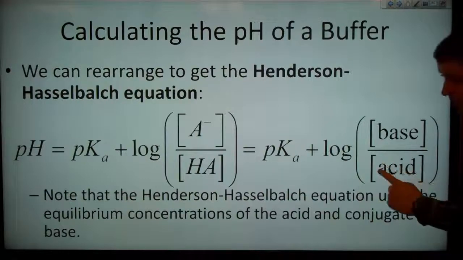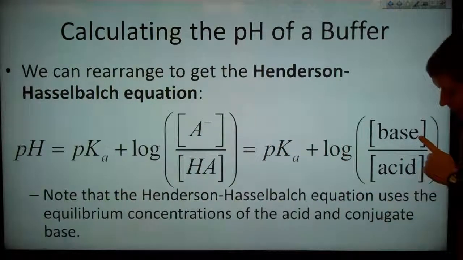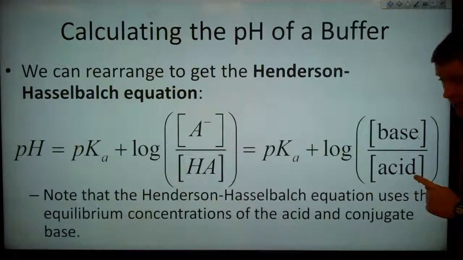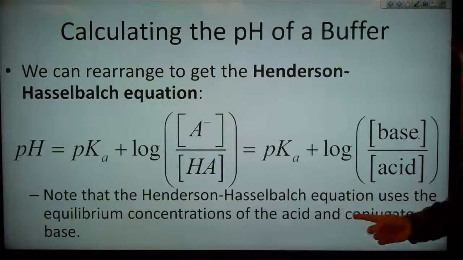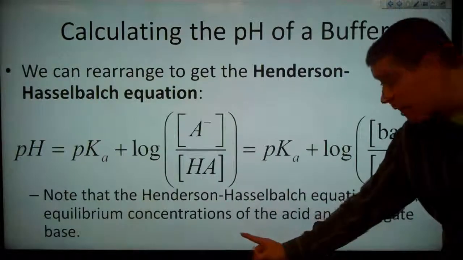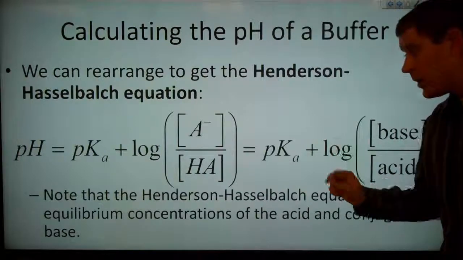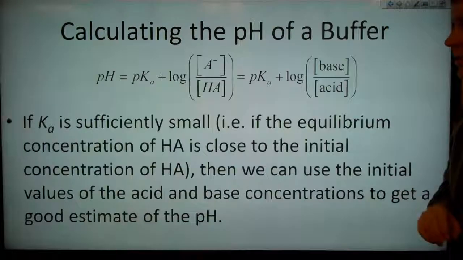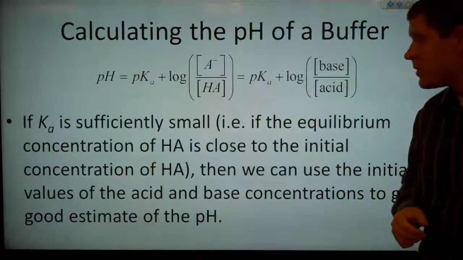Another way of writing that is: pH is equal to pKa plus log of base concentration over acid concentration. Note that the Henderson-Hasselbalch equation uses the equilibrium concentrations of the acid and the conjugate base, not our starting or initial concentrations. So we need to know what those equilibrium concentrations are.